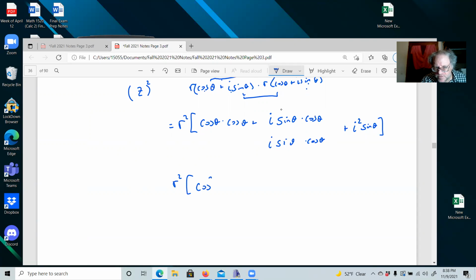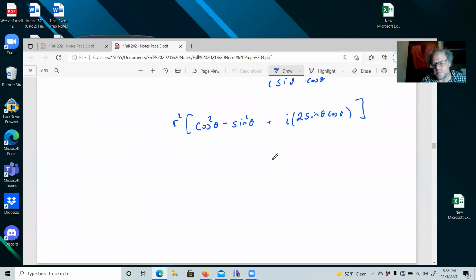So this is cosine squared theta minus sine squared theta, that's these parts, plus i, and I've got a sine theta cosine theta plus a sine theta cosine theta. It's a 2 sine theta cosine theta. Now I'm going to ask you, do you remember your double angle formulas? Do you remember what cosine of 2 theta was? Remember, this was cosine squared theta minus sine squared theta. Look at that.